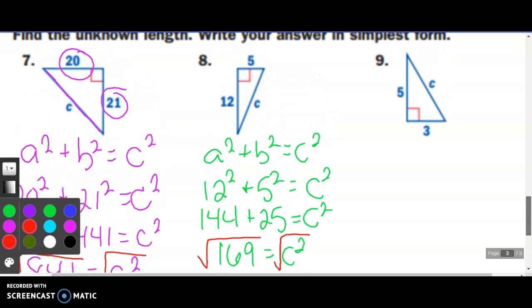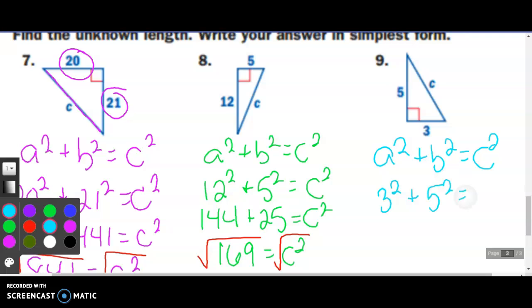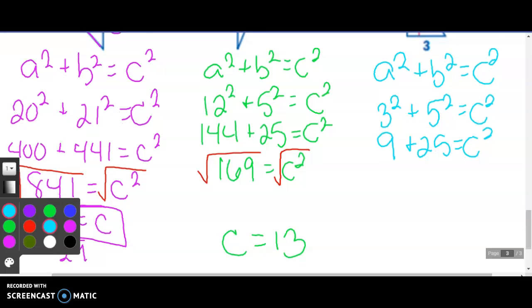Okay? And then finally, we'll go with this. A squared plus b squared equals c squared. 3 squared plus 5 squared equals c squared. 9 plus 25 equals c squared. 9 plus 25 is 34 equals c squared.